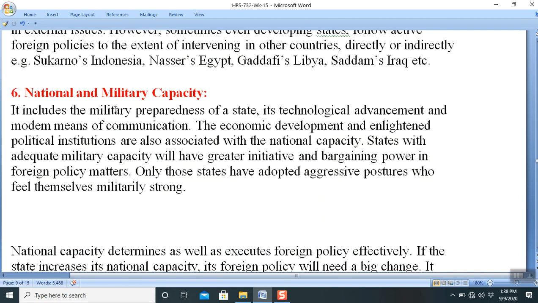So developed countries have a free foreign policy with national and military capacity. Well, in making a foreign policy, it is very necessary to consider whether the nation and the military have the capacity. For example, Pakistani people and military fortunately have the capacity to fight against any foreign aggression, and we have proved it many times.